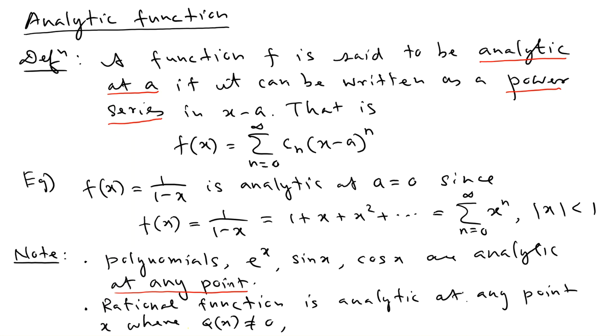Let's say your rational function is p(x) over q(x). You only worry about the bottom function. A rational function means the quotient of two polynomials. If you remove all the points where the bottom function is 0, it is analytic at all the other points. That's what you remember. You only look at the bottom function, check where it is not equal to 0, and it's going to be analytic at all those points. Good. So those are common things that we need to know when you talk about the power series solution method.